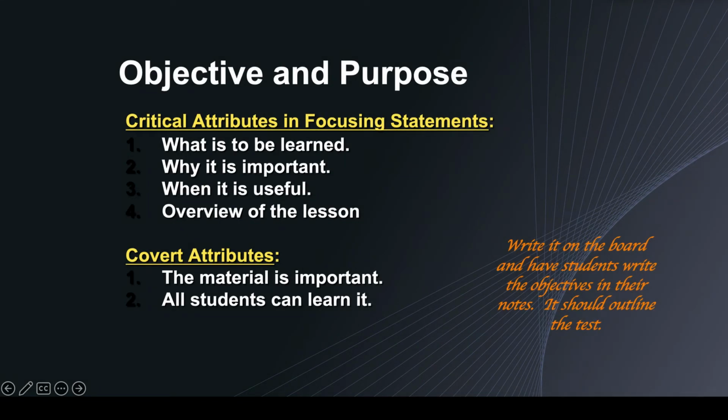But the critical attributes of stating the objective and the purpose is giving you an overview of the lesson and also why I need to know that as I go through this curriculum.